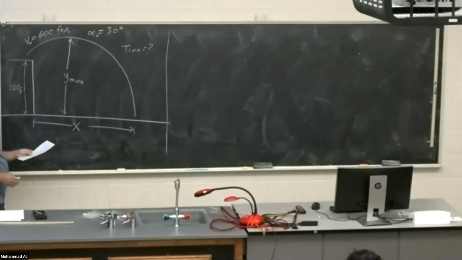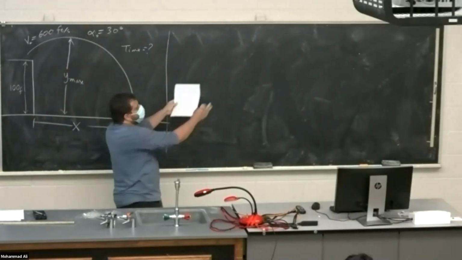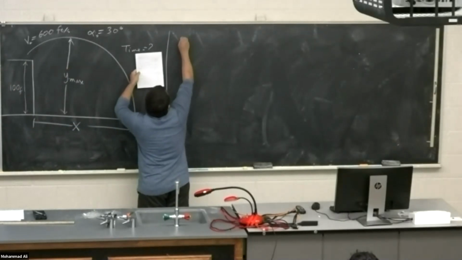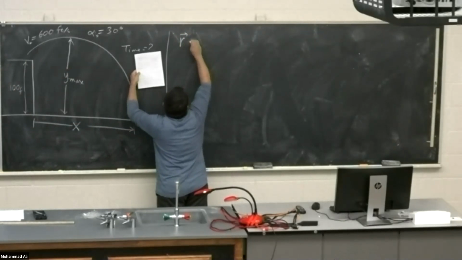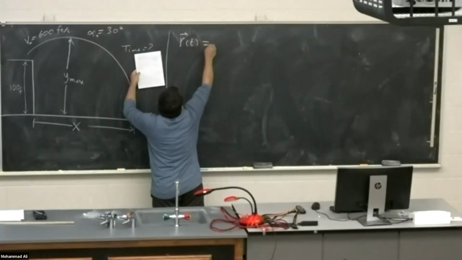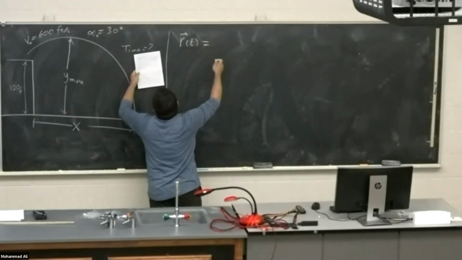We will use our relations as I said from before. This is the position vector r of t, because you see everything will be in time.